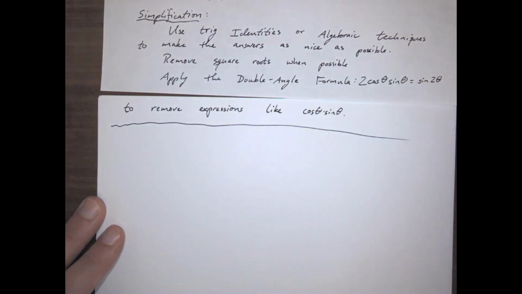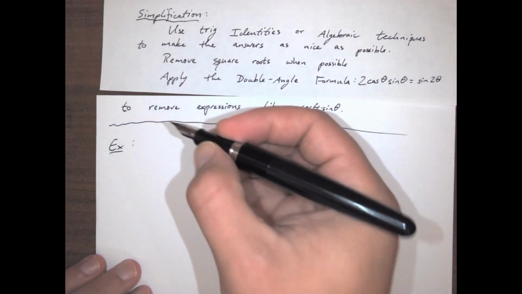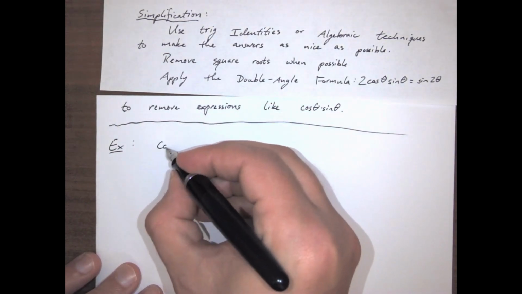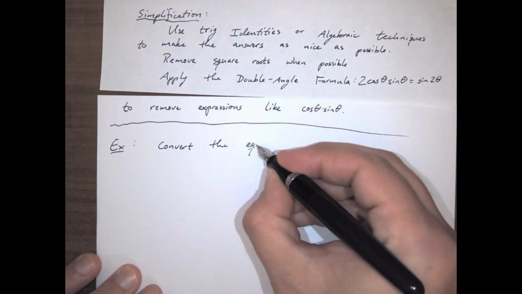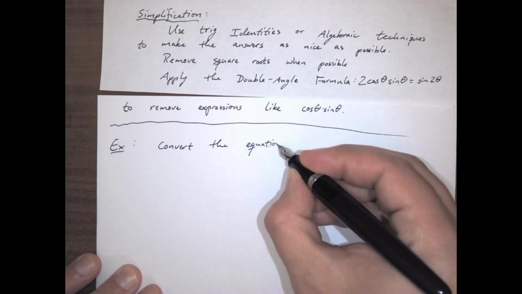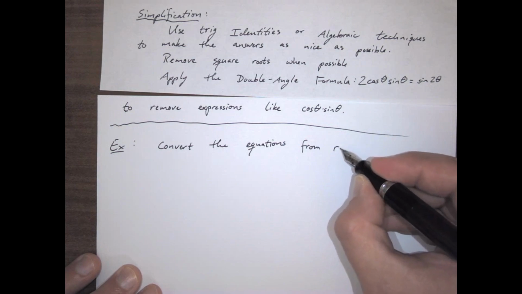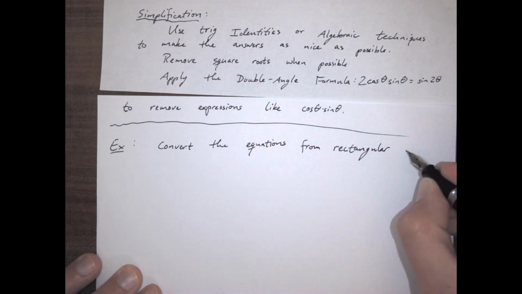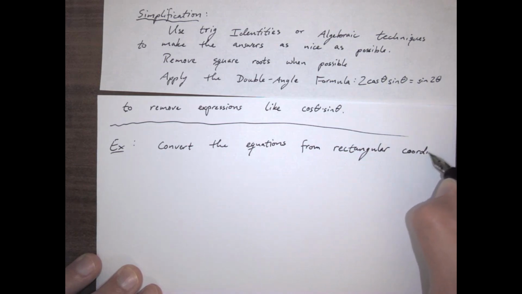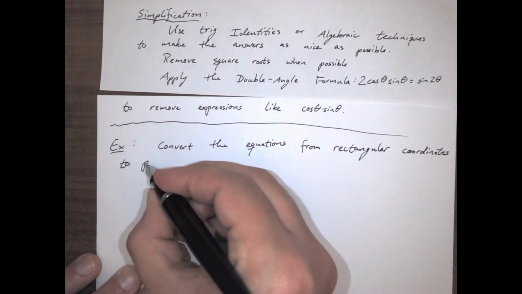Okay, well, let's just try this. So first example here, let's say we're going to convert the equations from rectangular coordinates to polar coordinates.